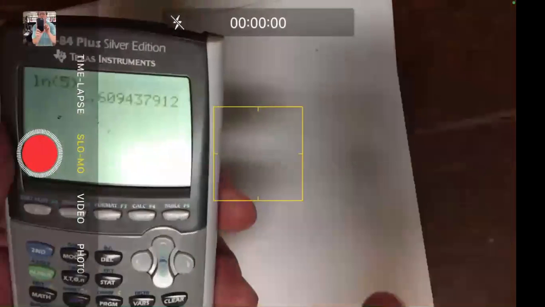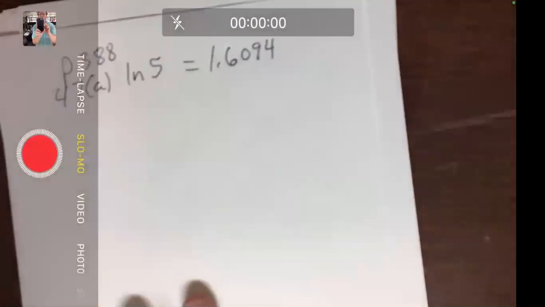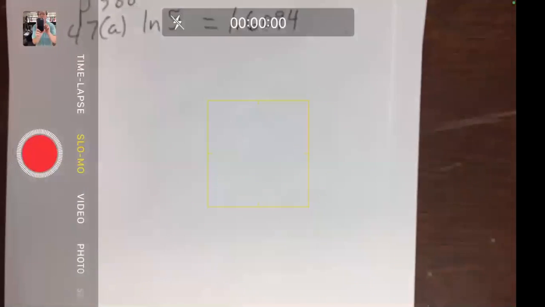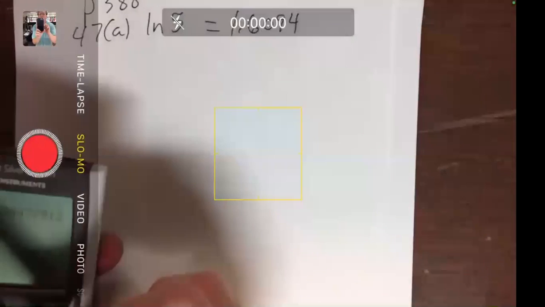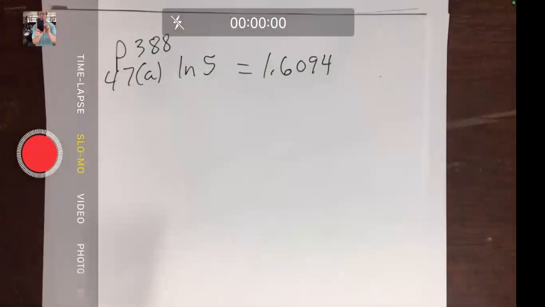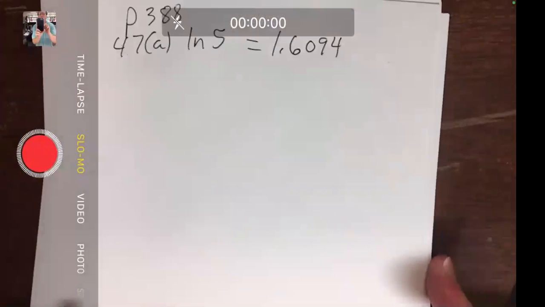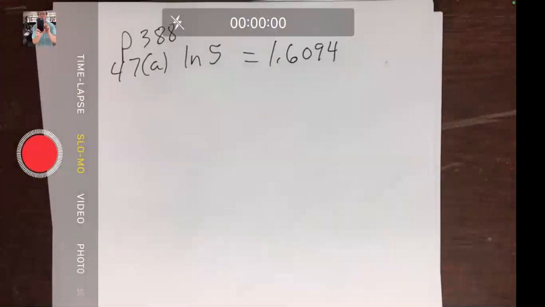It says 4 places. I'm not a stickler. 4 places would be 1.6094. You know, the key is if it says LN, punch LN. If it says LOG, punch LOG. I have met people who punch LN no matter what it says. Everything's an LN to them, even if it says LOG. Needless to say, these people do not get good grades.